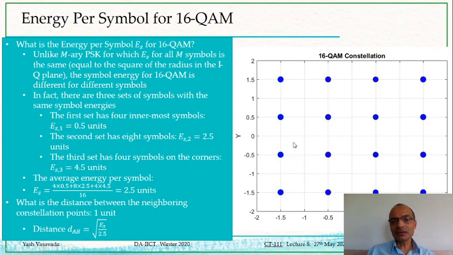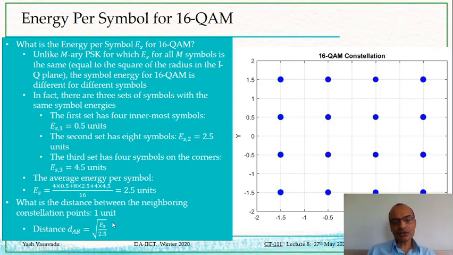Well, this distance between these 2 points, if you take it as 1 unit, then we have already seen that energy per symbol is 2.5 units. And so if you work it backward, you will find that distance is square root of Es divided by 2.5.